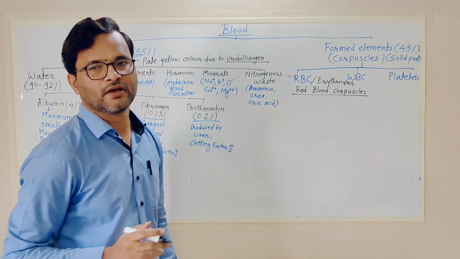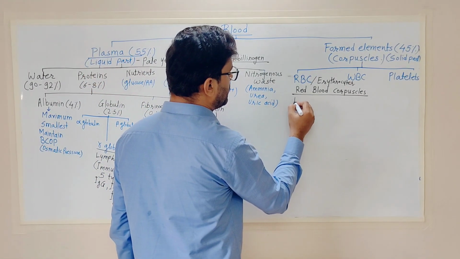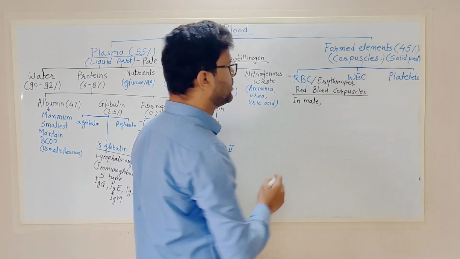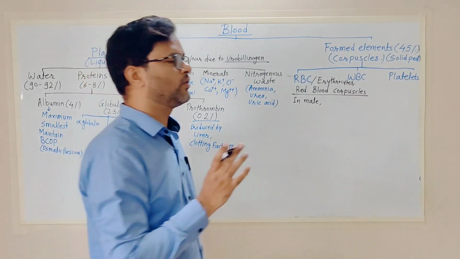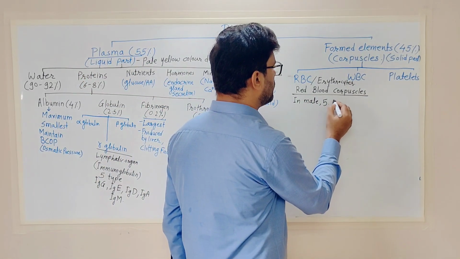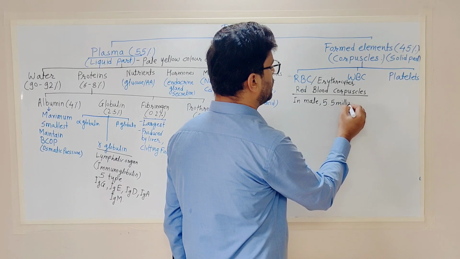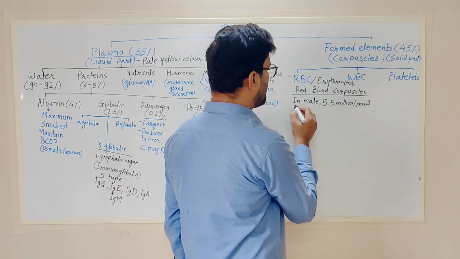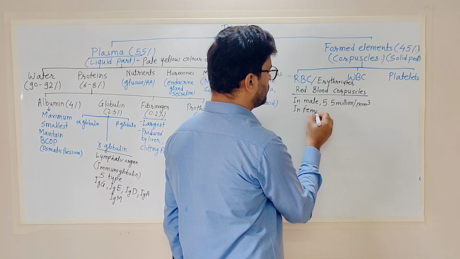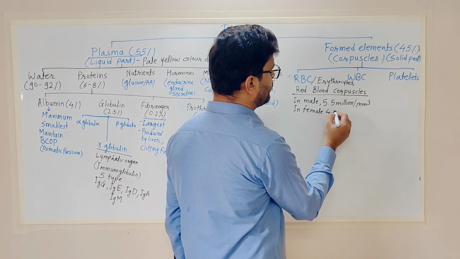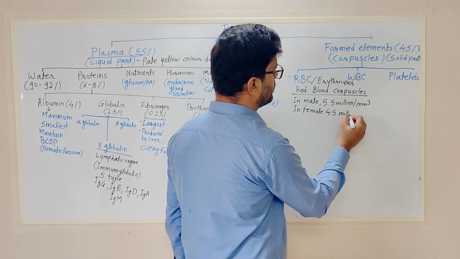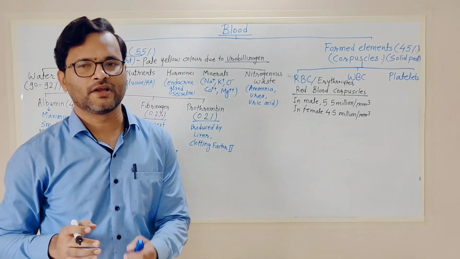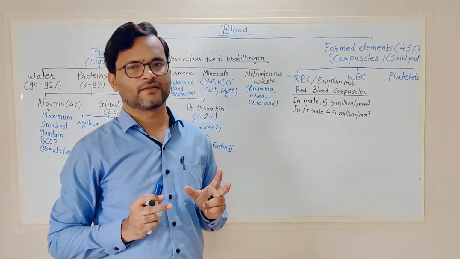So specifically in male, it is present around 5.5 million per cubic mm, and in female it is 4.5 million per cubic mm. Clear?